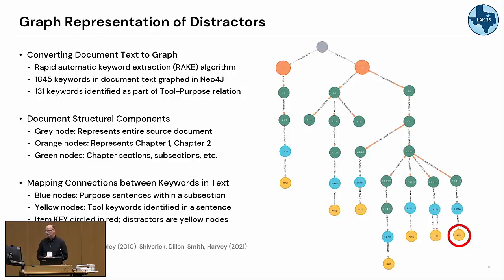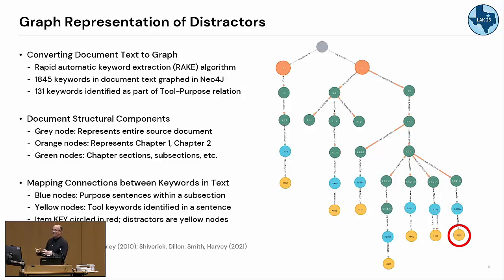So in terms of the structural components of the graph, what we have here is a portion of the graph depicted as a dendrogram. At the top of the graph, slightly concealed by that comment bar, there's a node which just represents the entire document. Following underneath that, the orange nodes represent chapter 1 and chapter 2, and then the green nodes below represent the chapter sections and subsections, coming down to the blue nodes which represent the sentences themselves, and then the yellow nodes at the bottom represent the keywords.